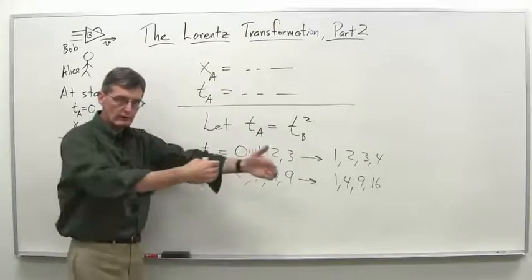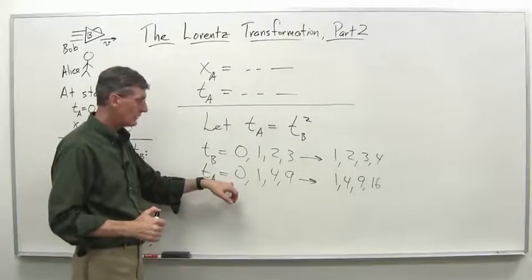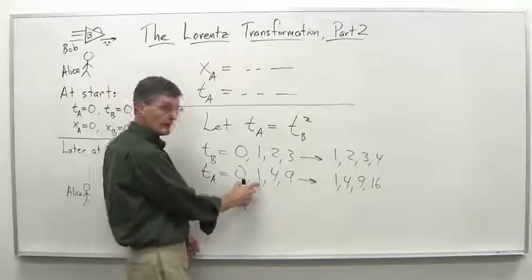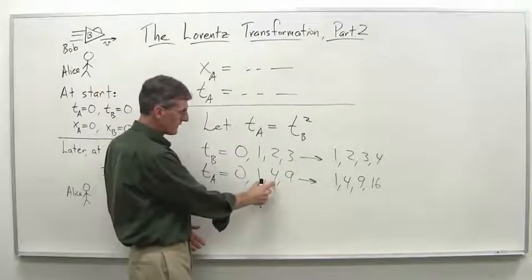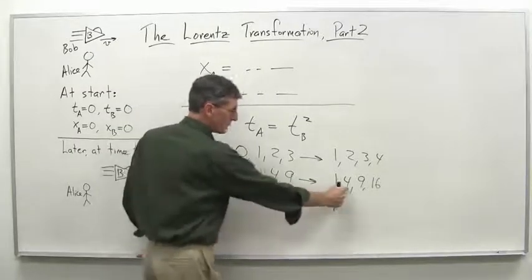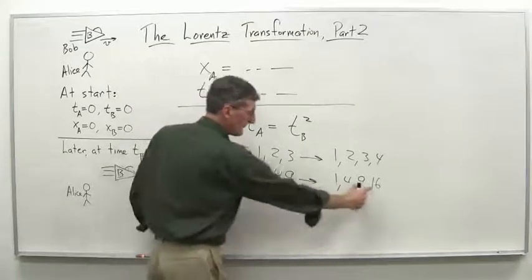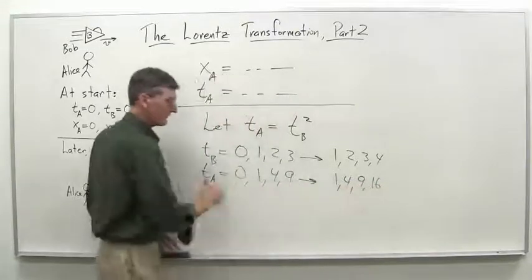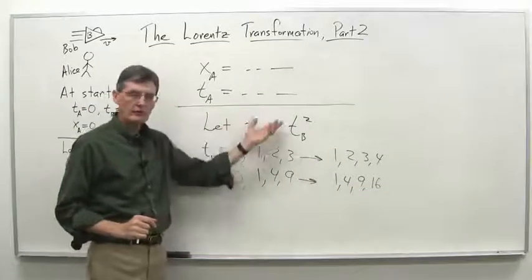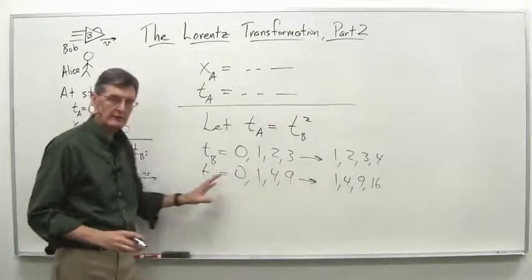Just moving the origin for our time scale. But for Alice, it makes a huge difference that Bob just moved those over, because here I had 1 second between them, 3 seconds, and 5 seconds between those events. Now I have 3 seconds instead of 1 second, 5 seconds instead of 3 seconds, and 7 seconds instead of 5 seconds. So if I have things like TB squared in there and square roots and things like that, it messes up the timekeeping system.